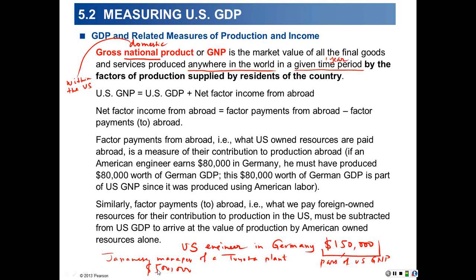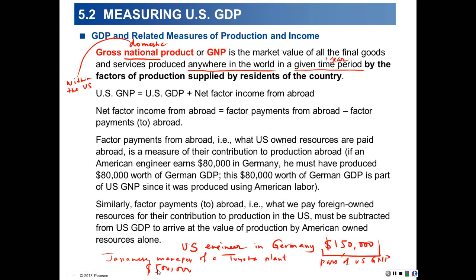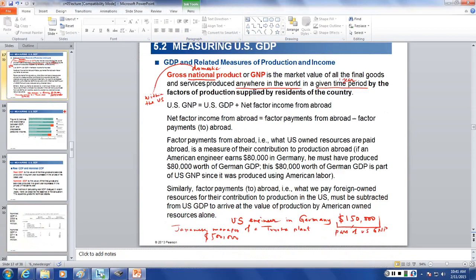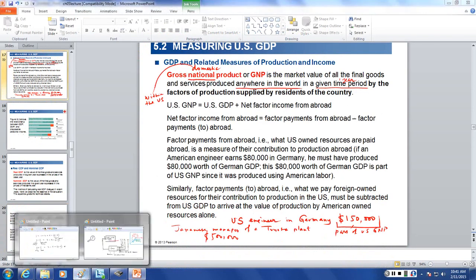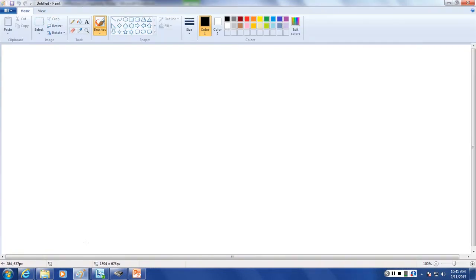So, if we have the GDP figure, can we get GNP from it, is the question. Okay? And let me now go to my drawing board to show you how that might work. Okay, so we have GDP. And GDP is all final goods and services produced in the States.